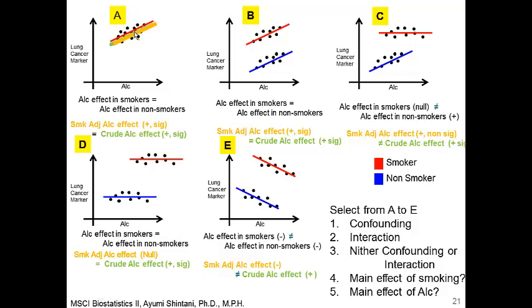And the smoking-adjusted slope and smoking-unadjusted slope differ? It seems the same. Therefore, the answer is 3, neither confounding nor interaction.